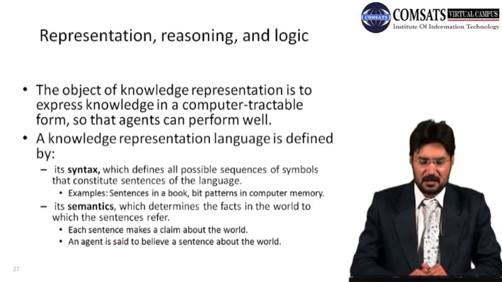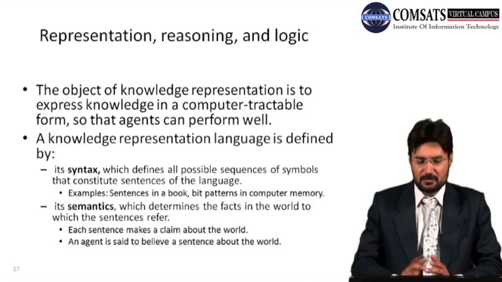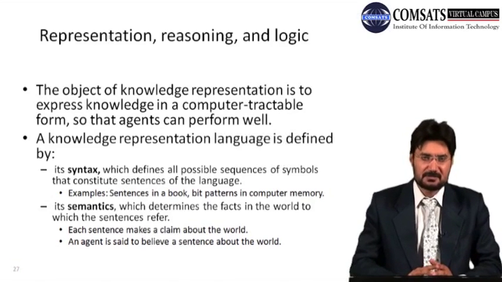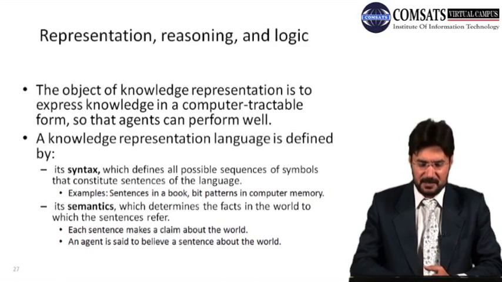A knowledge representation language is defined by two things. We want to convert the knowledge into a representation which can be represented in a computer agent, which can then perform its action and other things. In that case, we need two things for representation. One is syntax, the other is semantics.